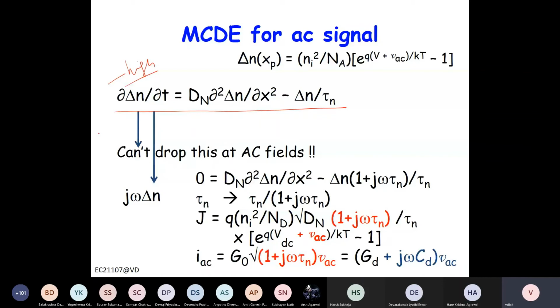And if you take it to the other side, this becomes minus delta n by tau minus j omega times delta n. And if you combine these two, you get basically 1 plus j omega tau by tau. So 1 over tau is basically replaced by a factor 1 plus j omega tau by tau.